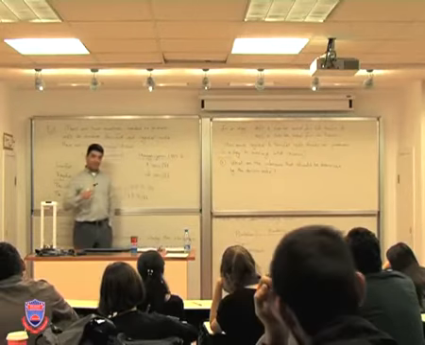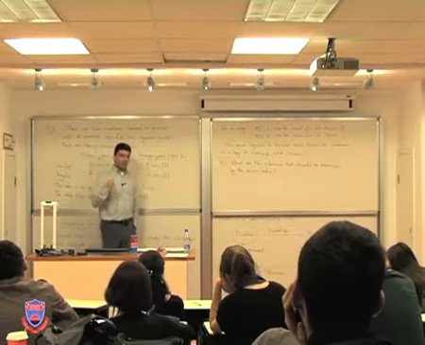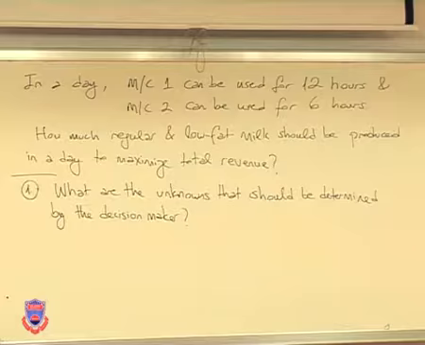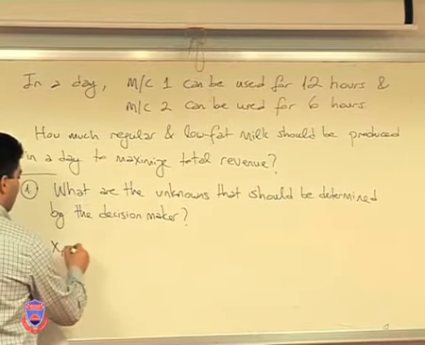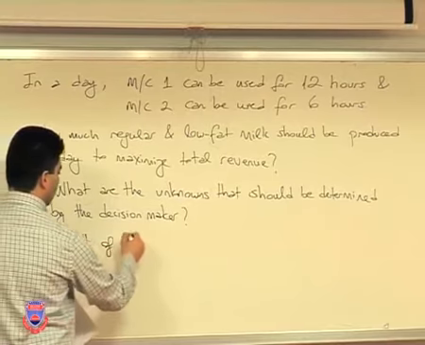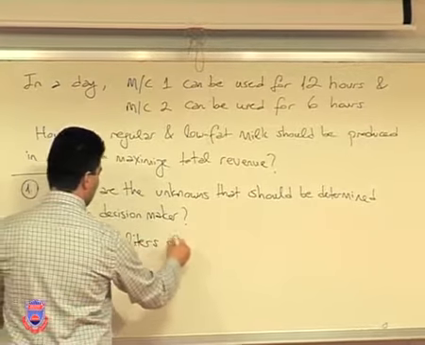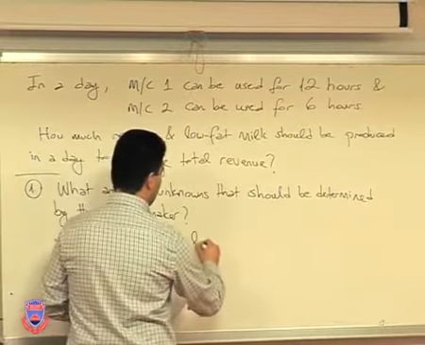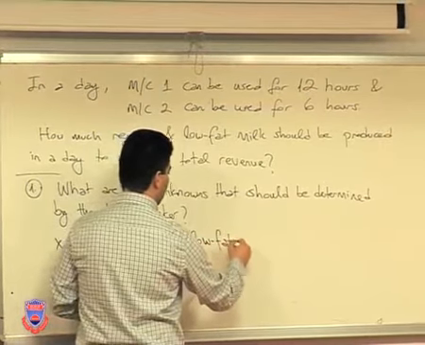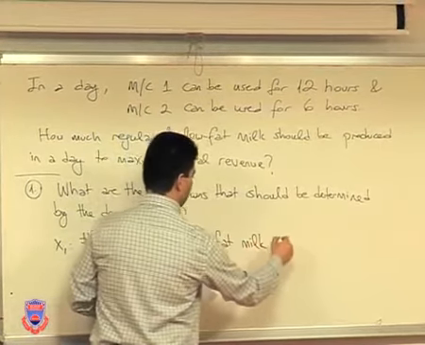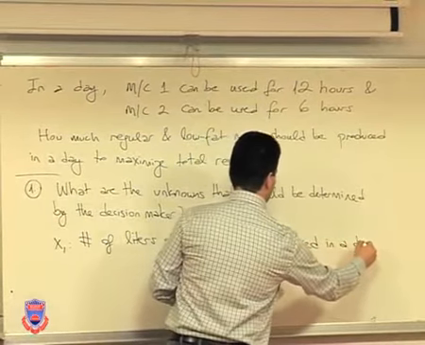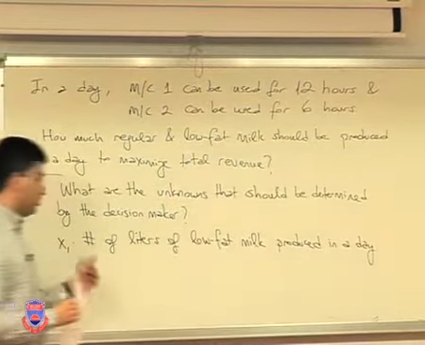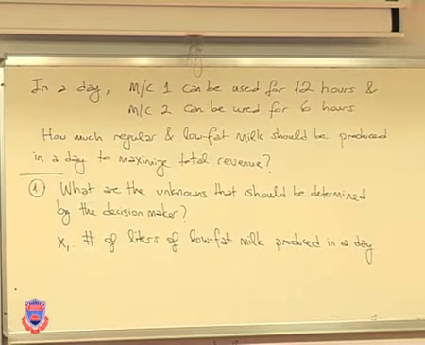Well, as we said, in this particular problem, there are only two variables, or two unknowns. I'm going to call them x1 and x2, okay. So x1 denotes the number of liters of low-fat milk produced in a day. So I'm going to denote that by x1. Okay, just like our A and B in the previous example.